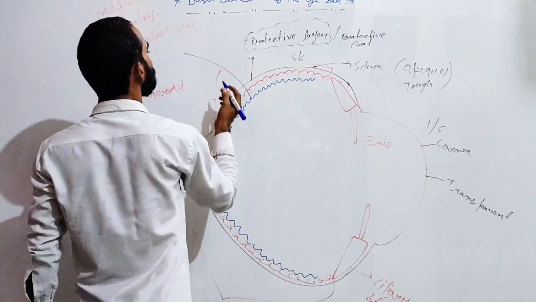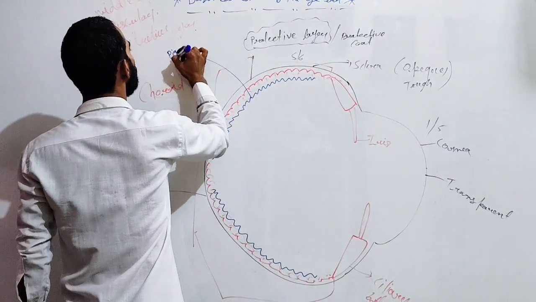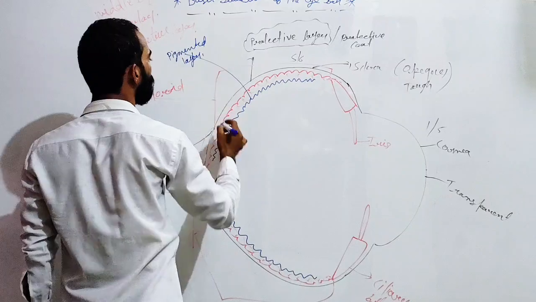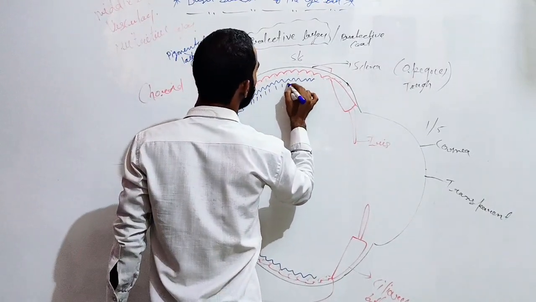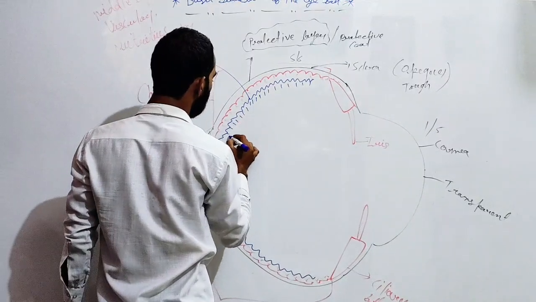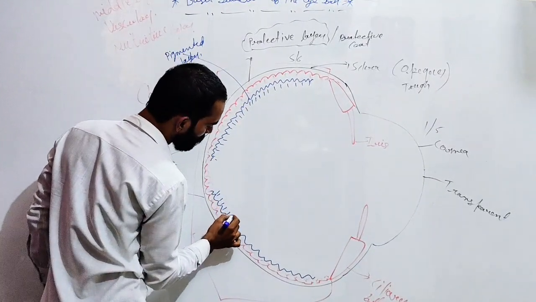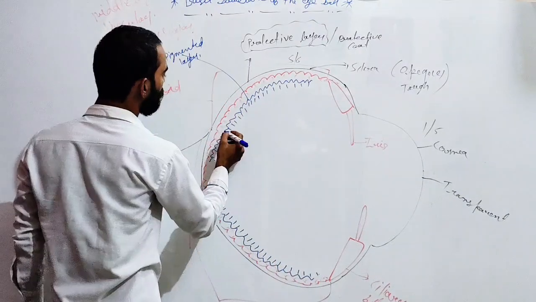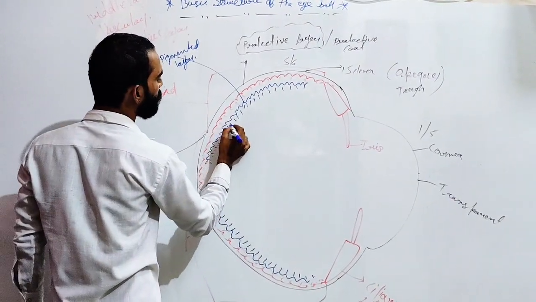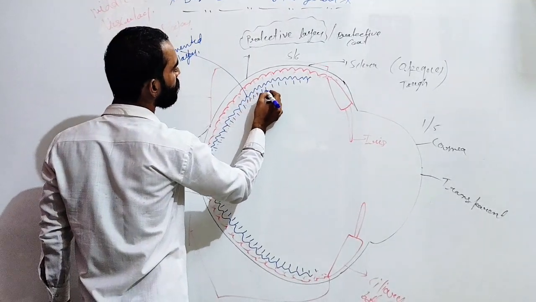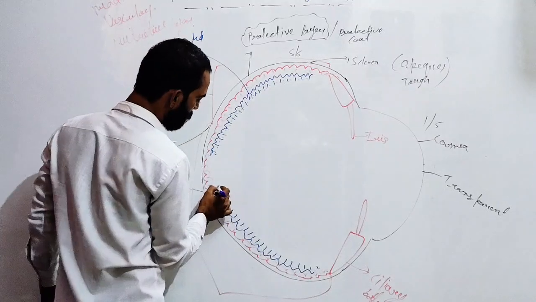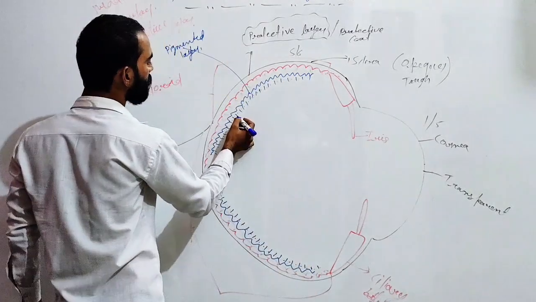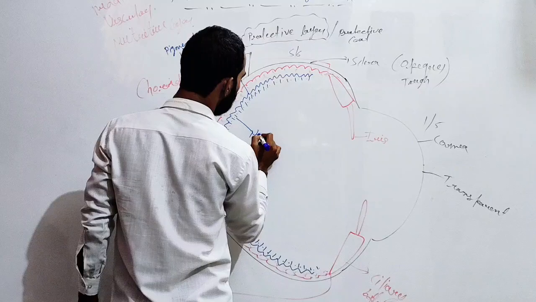The outer layer is the pigmented layer, and this is the neural layer of the retina, which consists of rods and cones. This is the neural layer.